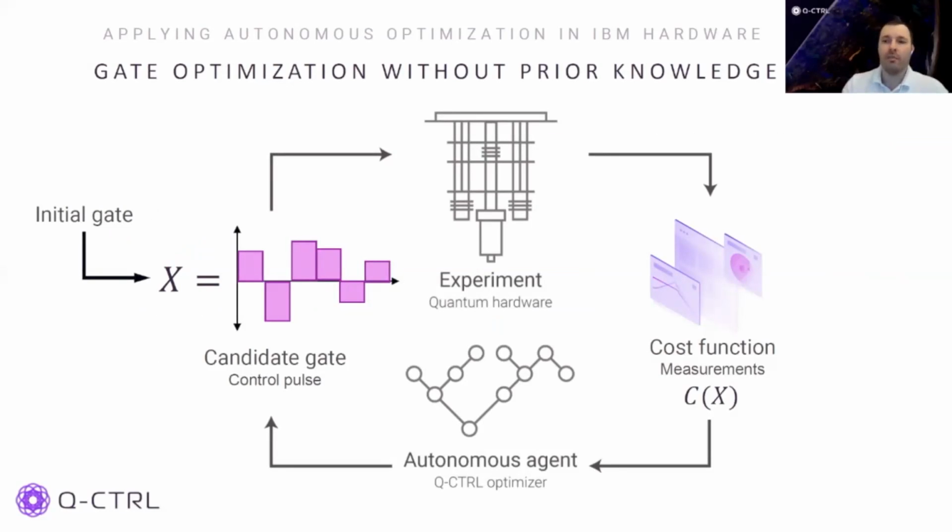We can represent gates by long vectors that, for example, store the real and imaginary part of each segment in a piecewise constant pulse. We then send the candidate gate to the device and evaluate its performance by collecting measurements and calculating a cost function. We then use that information in order to suggest a better candidate. This loop goes on until we find a satisfactory gate implementation.